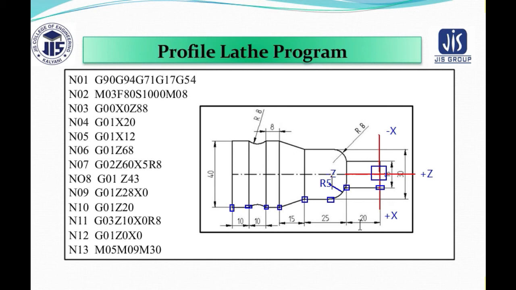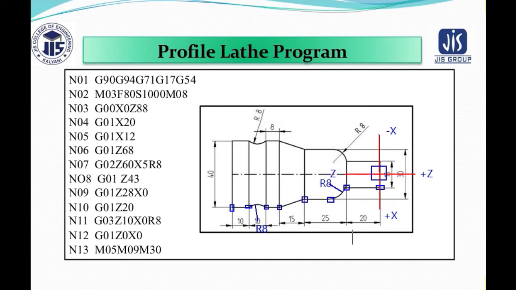Sorry, no need of radius 5, it should be radius 8. And it has been already mentioned here. This is your radius 8. Again here also one radius has been there, and this has also been considered as radius 8. So this is also your radius 8. So just write down radius 8.